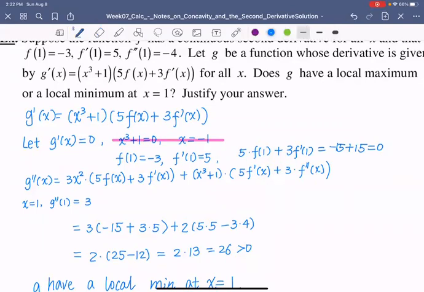It'll be 3 times, and then didn't we get this before? 3 times 1 is 3. Then x times 1 squared, and then times 5. F of 1 is just -3 times -3.